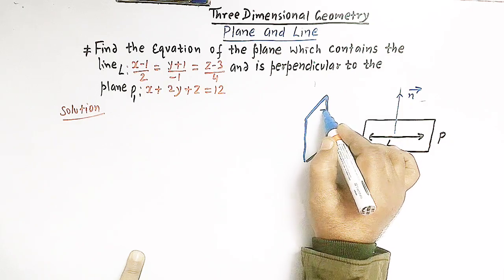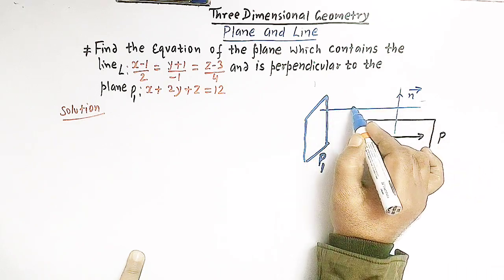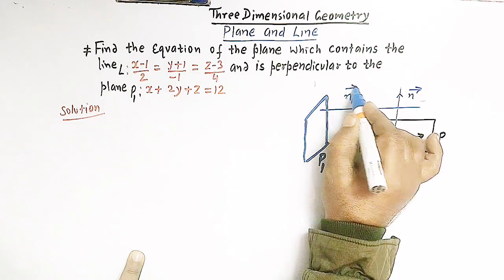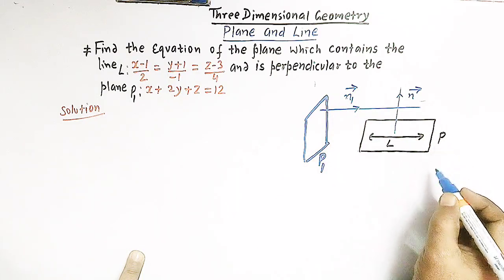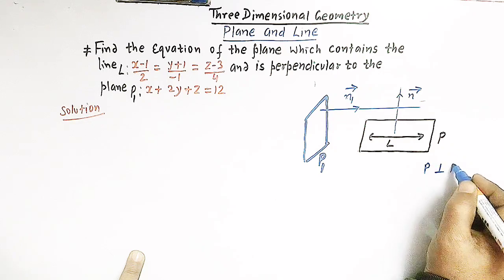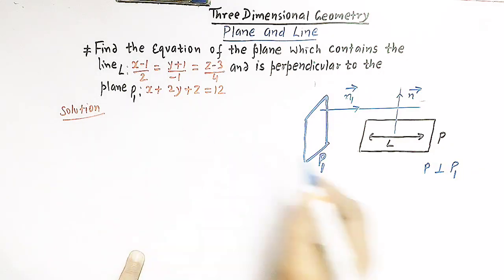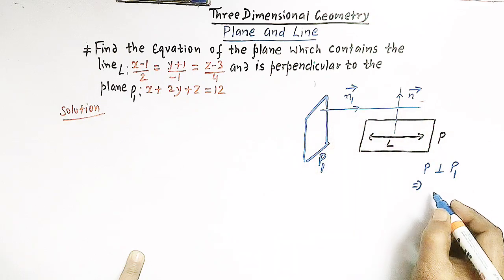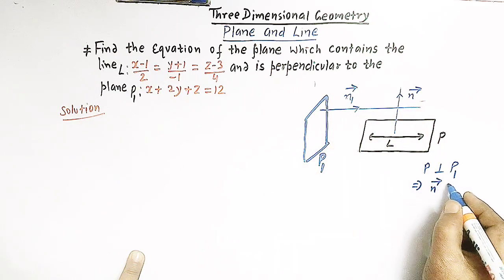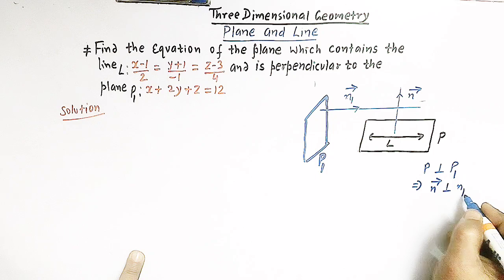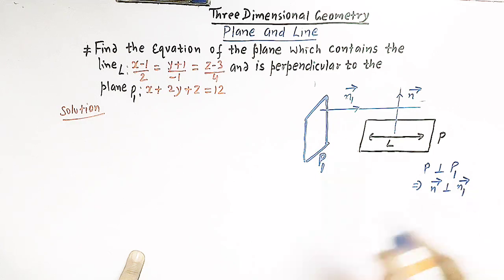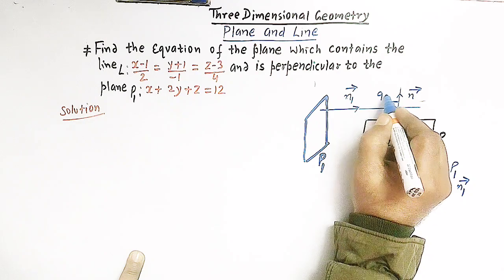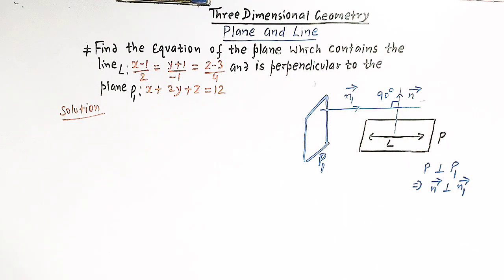So let us draw the n1 vector like this. This plane P is perpendicular to this plane P1, which implies that the normal vector n is also perpendicular to the normal vector n1. So this angle must be 90 degrees.